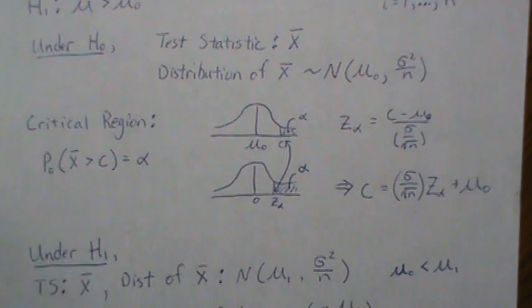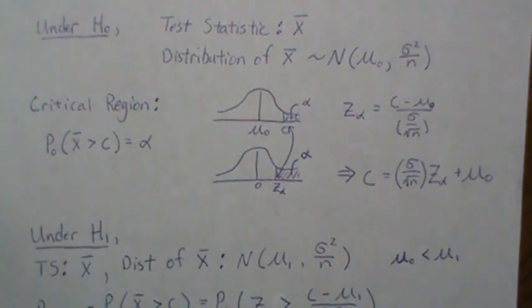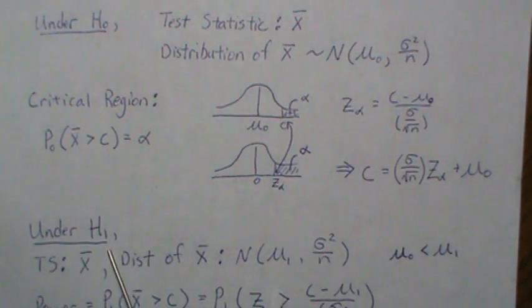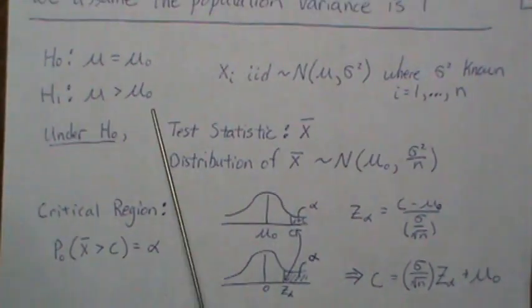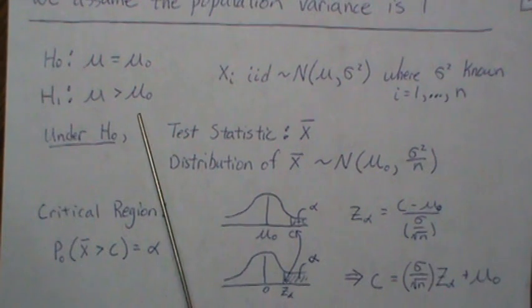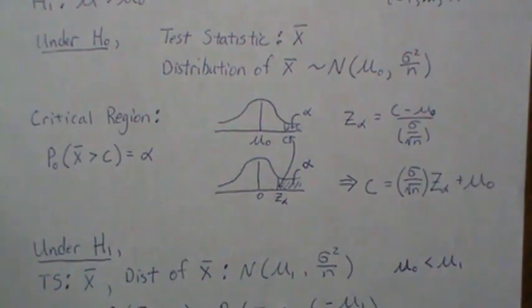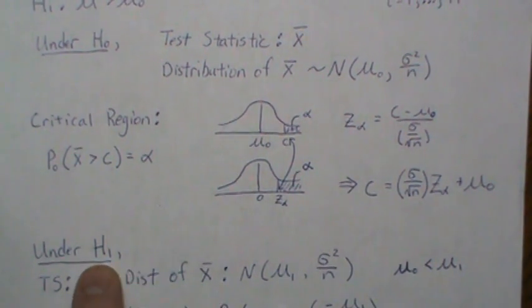But when you're calculating sample size, you have to assume that the alternative is true. So you say under h1, that means that in reality the mean is really bigger than mu naught. And the test statistic is the same, but we have to find the distribution of our test statistic under h1.